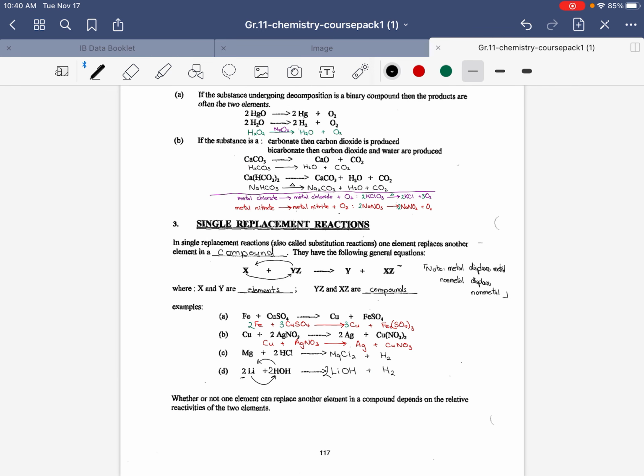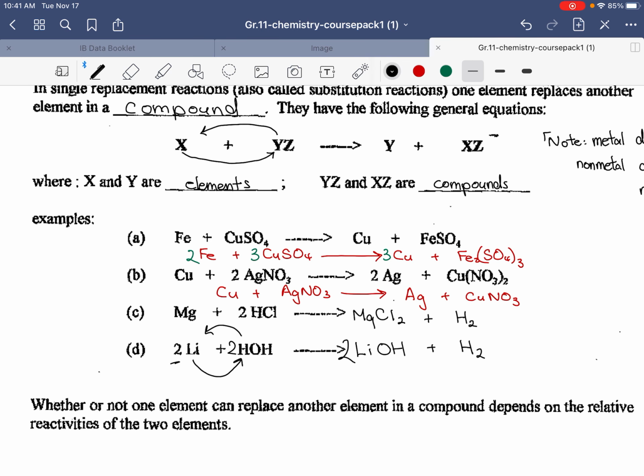Is every single displacement reaction going to happen? No, not really, because right now we're under the assumption that all single displacement reactions happen. No, that's not true. Not all single displacement reactions will give you products.